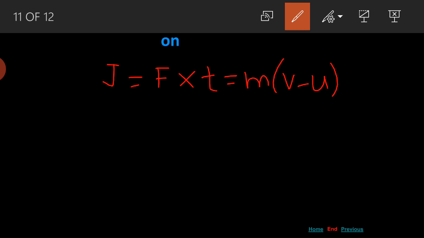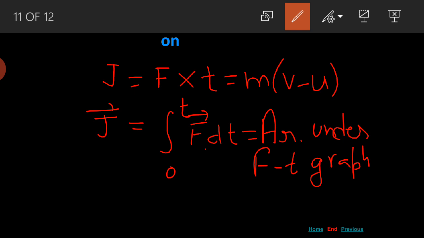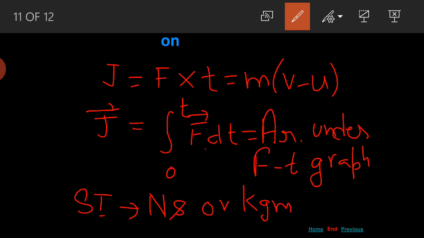Also, from the graphical treatment, we get J vector is equal to the integral from 0 to t of F dt, which is the area under the force time graph. Next, the SI unit of impulse is Newton second, which is also written as kilogram meter per second.